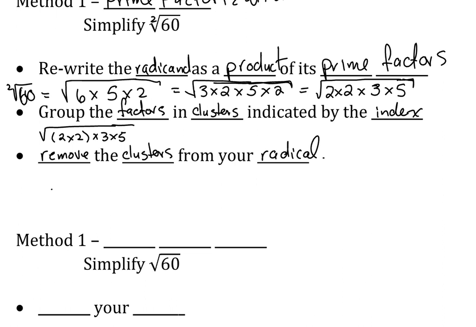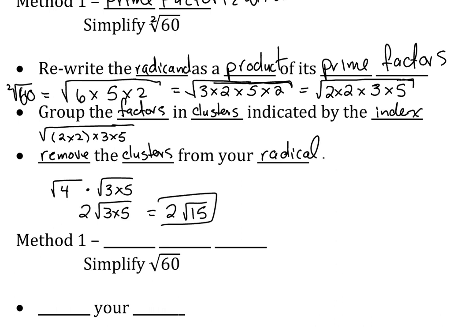I like to split it into the clusters out like this. So the square root of 4 times the square root of 3 times 5. I can simplify this square root of 4. I can call it a 2. 2 root 3 times 15. And because I don't want to have a math question in my answer, I can simply simplify to 2 root 15. And put a box around your answer because I like my teacher.